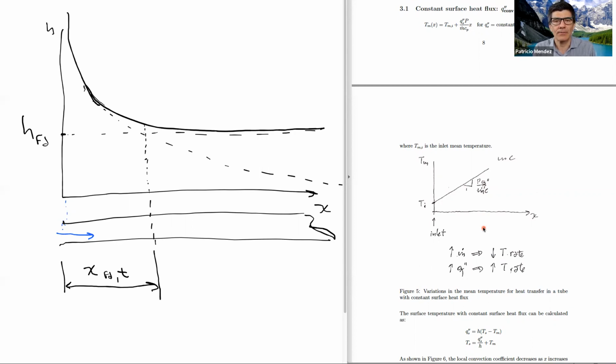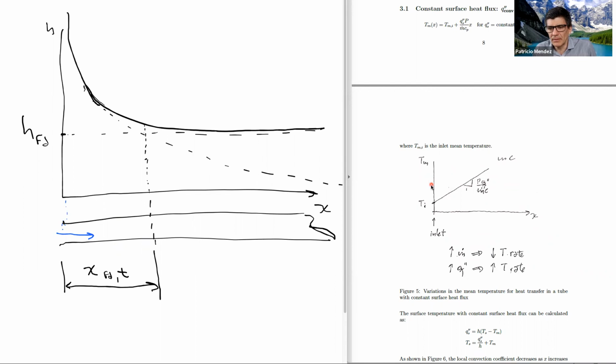This can be the case, for example, when we have a condenser in which liquid flows inside the tube and there is condensation happening on the surface of the tube. In condensation, right, we would be depositing an amount of the latent heat, so energy would be coming in.